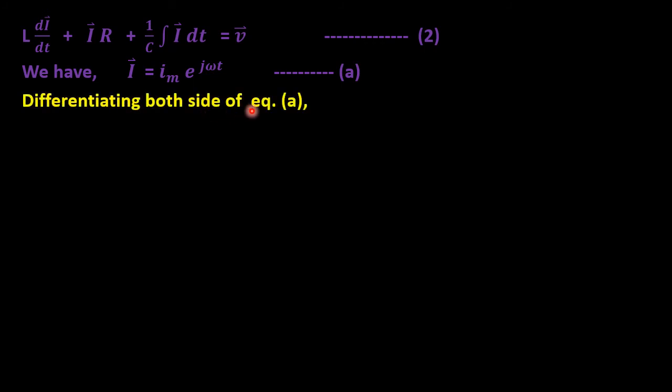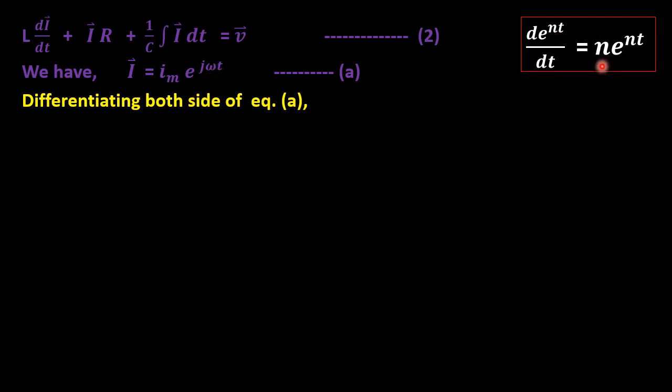Differentiating both sides of equation A, in the left hand side it will be di by dt, and Im is constant. To differentiate e to the power j omega t, we need the formula: differentiation of e to the power nt by dt equals n e to the power nt. Comparing e to the power j omega t with e to the power nt, in place of n here we have j omega.